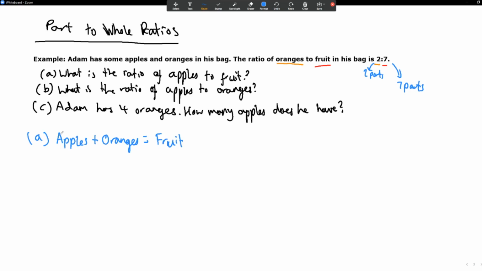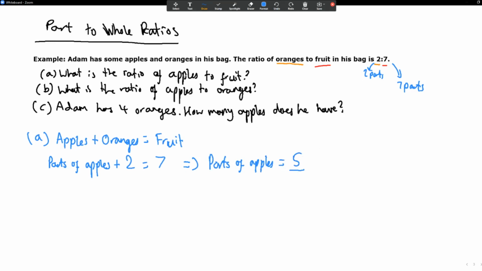So the parts of apples plus the parts of the oranges, which we know is 2, equals the total amount of parts, which is 7. So if we subtract 2 from both sides, we get the parts of apples to be equal to 5.